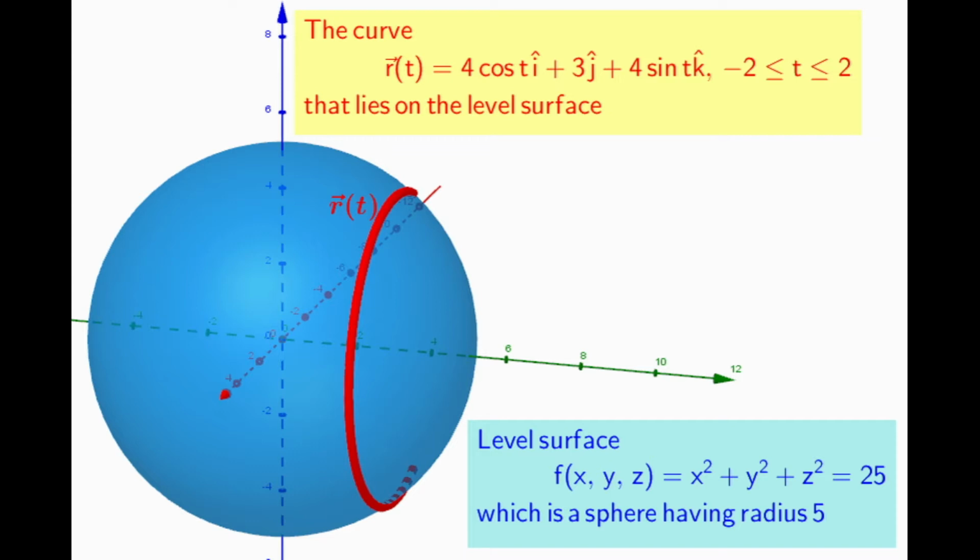For any point on that curve, the point also lies on the level surface, so that the f value of that point also will be 25. That means if the triple x(t), y(t), z(t) is a point on the curve, then f(x(t), y(t), z(t)) = 25.